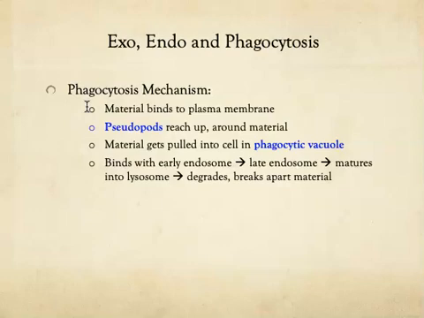It's going to bind with an early endosome. They're going to merge and become a late endosome. And then that's going to mature into a lysosome. And whatever material is in there is going to get degraded.